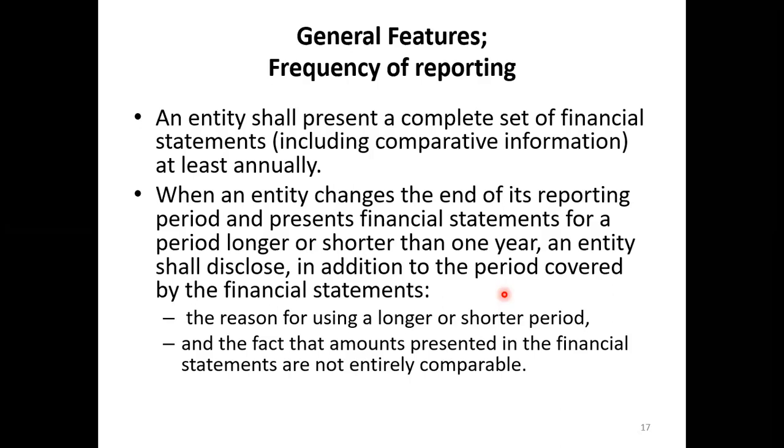So at that time the comparability issue will arise, comparing between the previous year and this year, and also comparability of this organization with another organization is not appropriate. So therefore they should explain the fact that amounts presented in the financial statements are not entirely comparable.